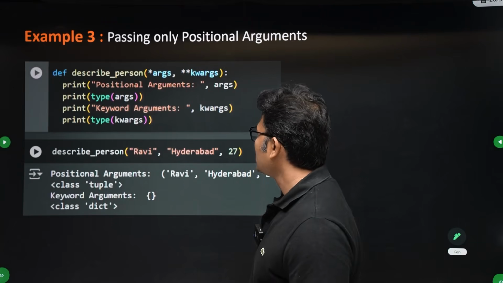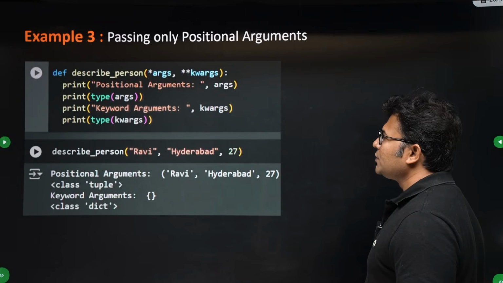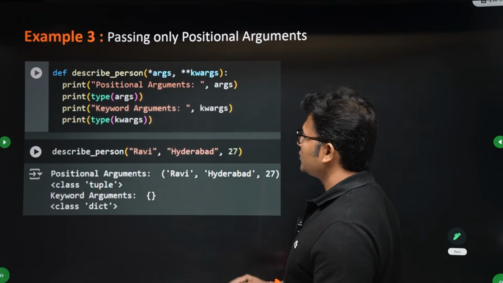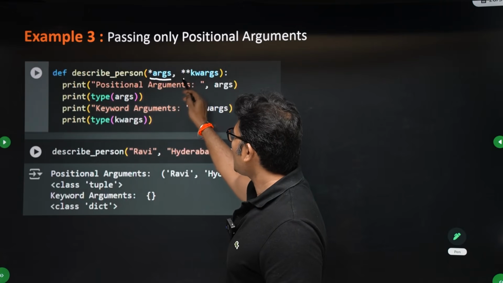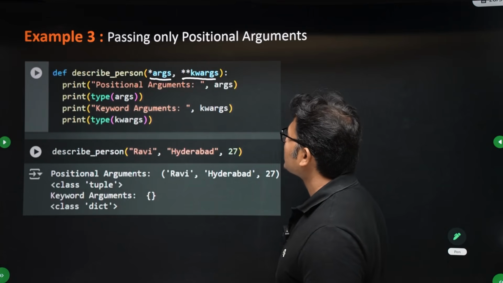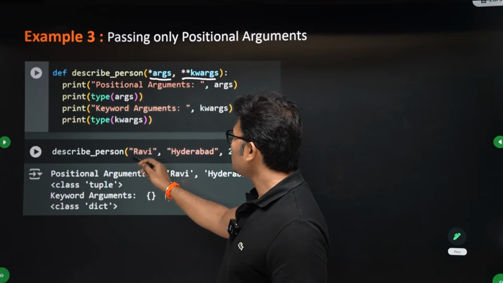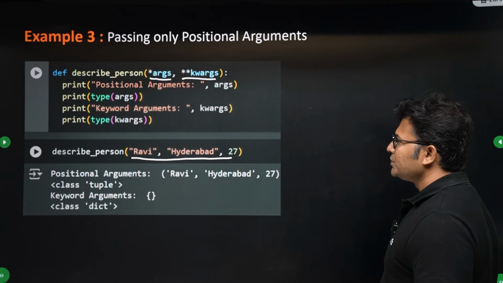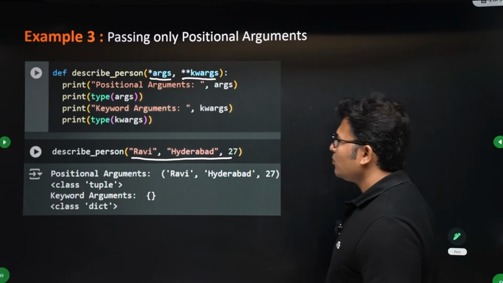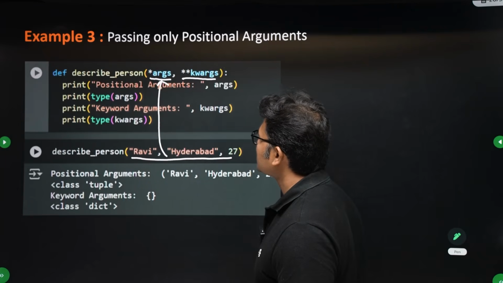Now see this, you can use only positional arguments without using any keyword arguments, even when there is star kwargs. Now there is star args and star kwargs, but you are passing only positional arguments. So when you pass only positional arguments, they will go into args.